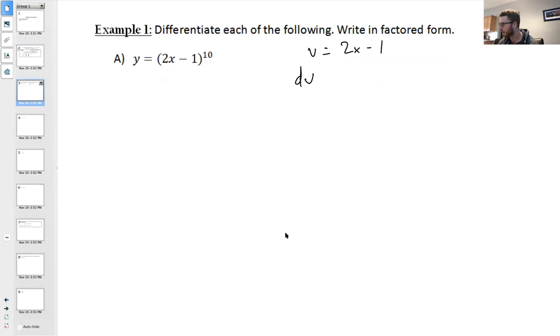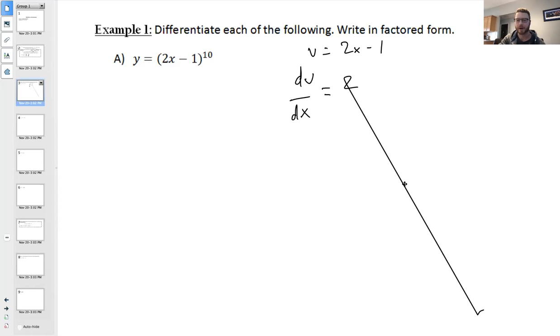If we take the derivative of u, we do that with respect to x, because x is our variable in this formula. So the derivative of u with respect to x is just going to equal 2.